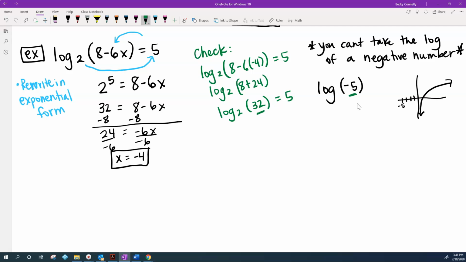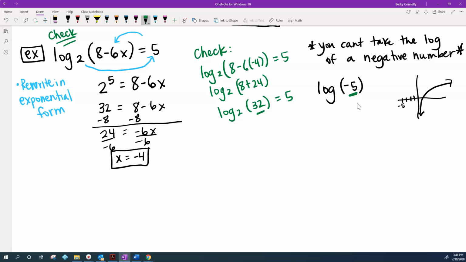I can't take the log when the log part by itself is negative. But if I come out with x equals a negative number, that doesn't necessarily mean that it doesn't work. Sometimes, in some cases, it won't work. So on these types, you're going to want to check, because there could be some extraneous solutions.